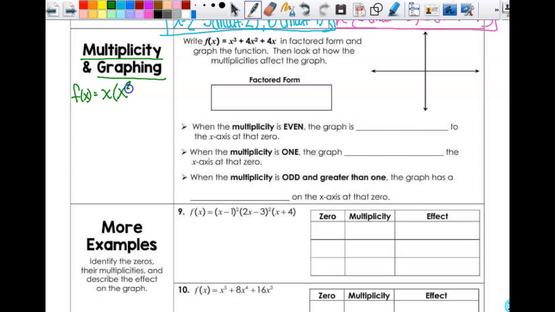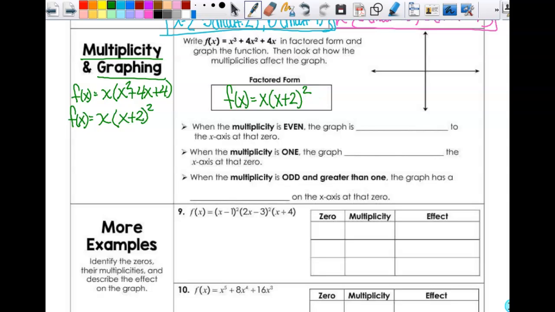That leaves me with x squared plus 4x plus 4. So then I can see that I can take half of this and square it and get 4. So then this would just be x plus 2 squared. Okay? So my factored form, f of x equals x times x plus 2 squared.